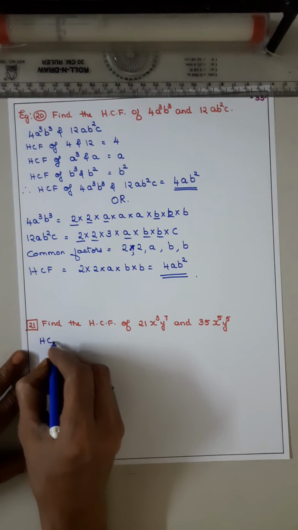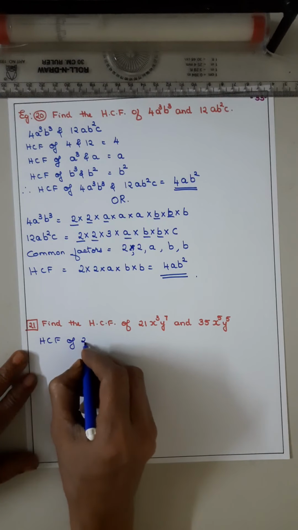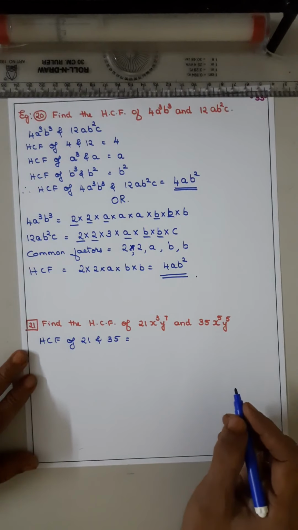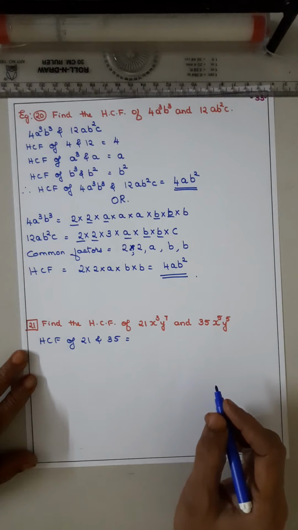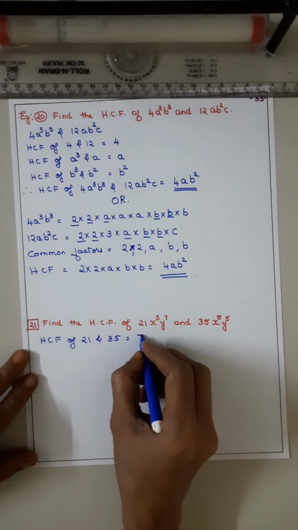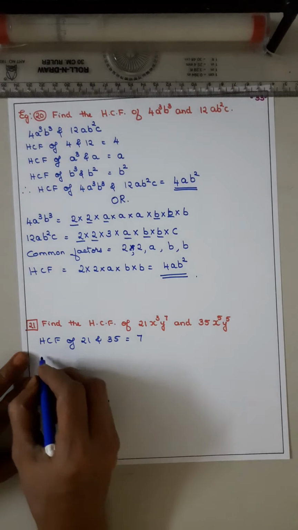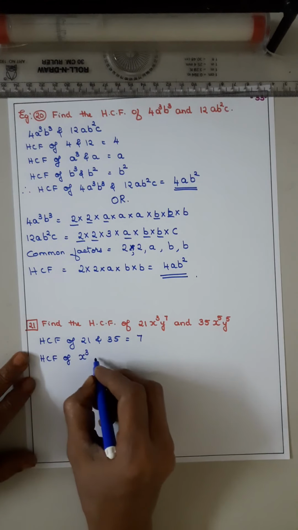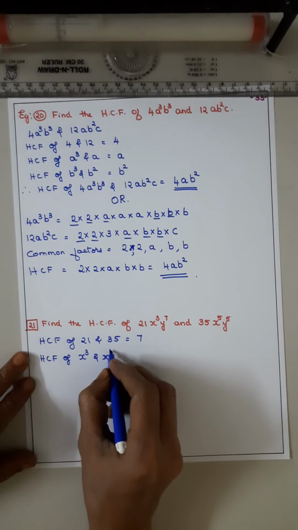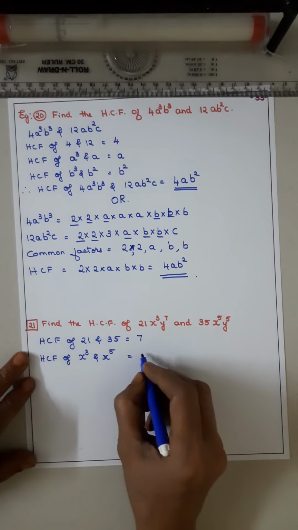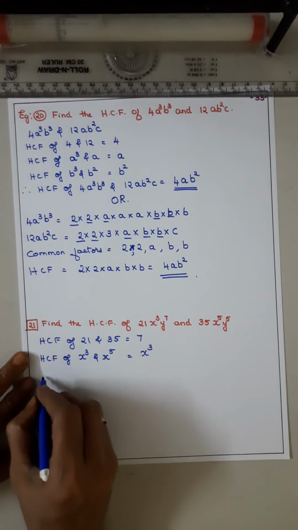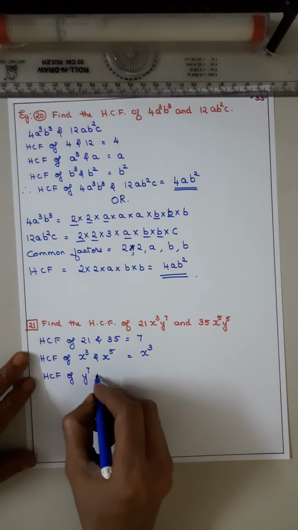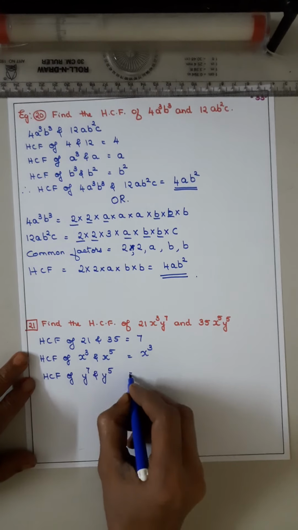So HCF of 21 and 35. 21 and 35 are in which largest table? It is 7, right? HCF of x cube and x to the power 5: smallest is x cube. Now HCF of y to the power 7 and y to the power 5.